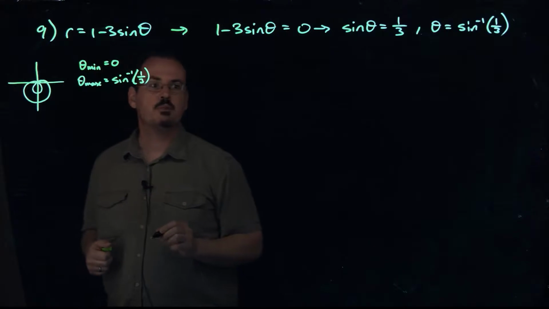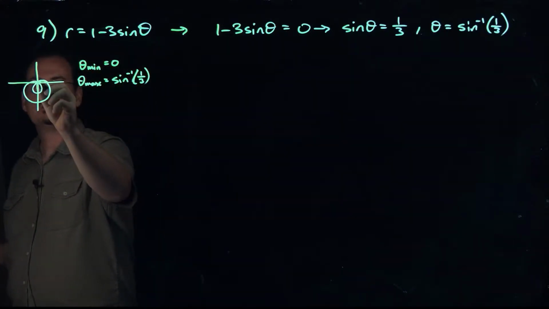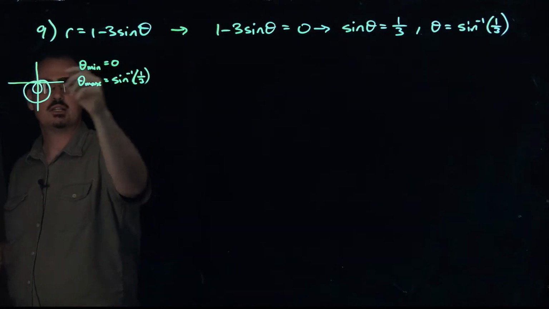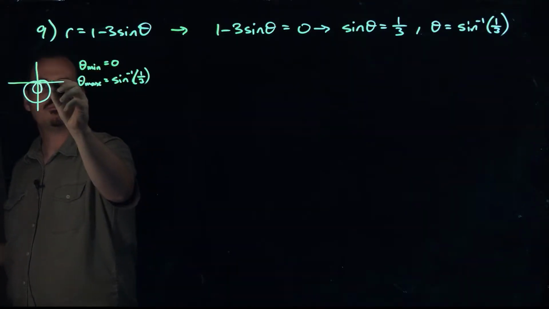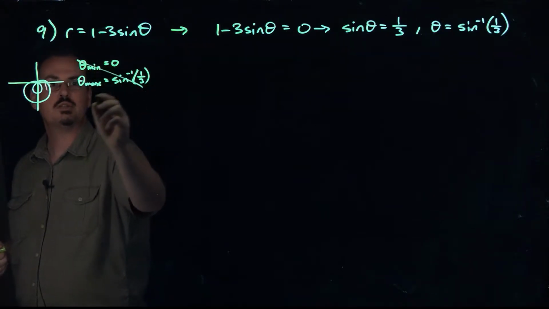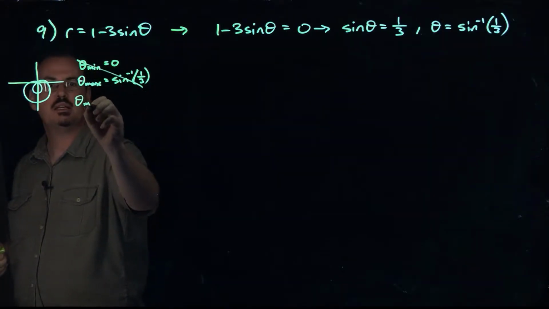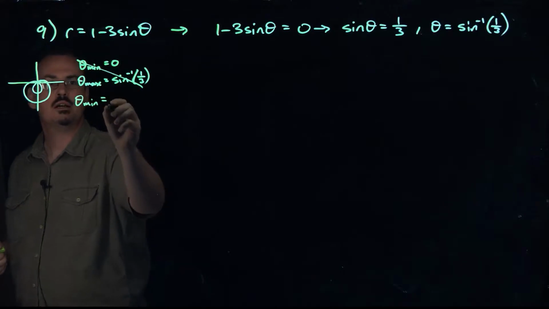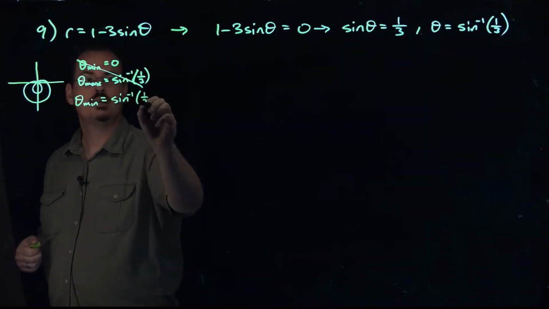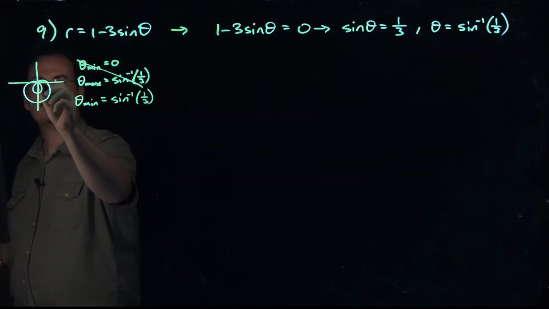That's the top part right there, and that's not what we're concerned with, so we don't really need those settings. Instead, what we're going to do is set theta min to be equal to that inverse sine of 1/3, and that will start on this little loop.